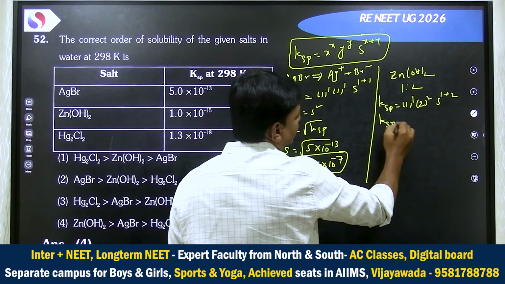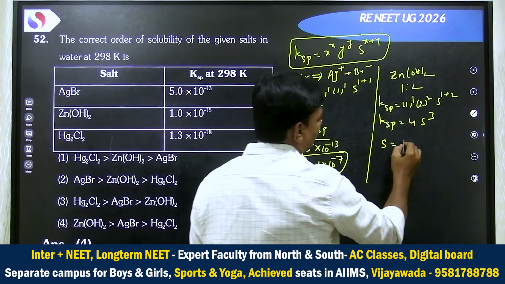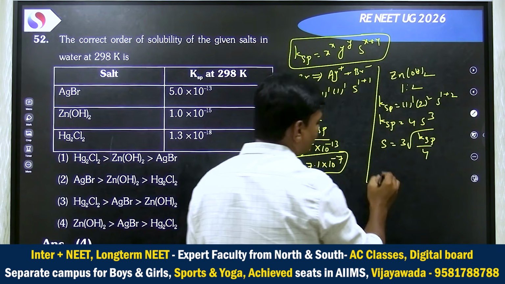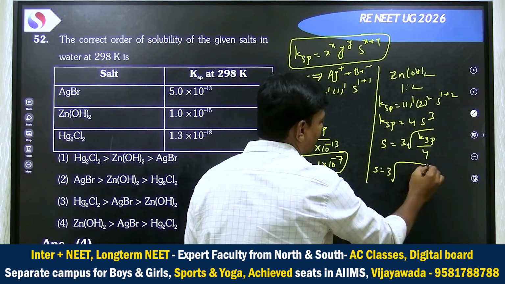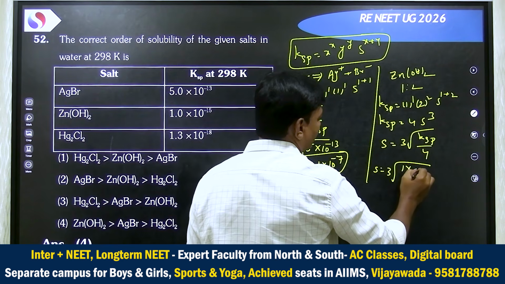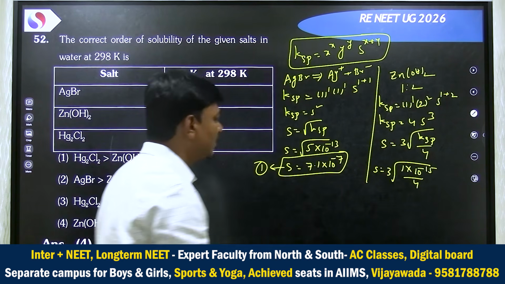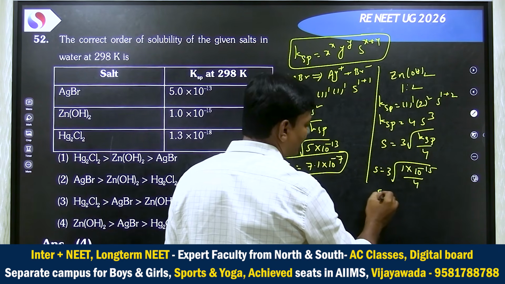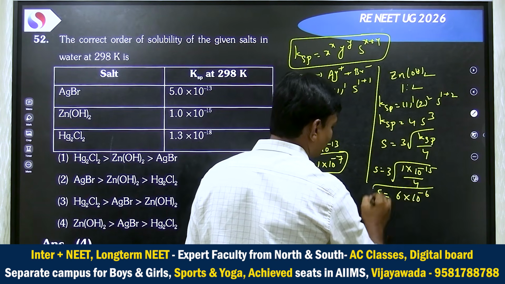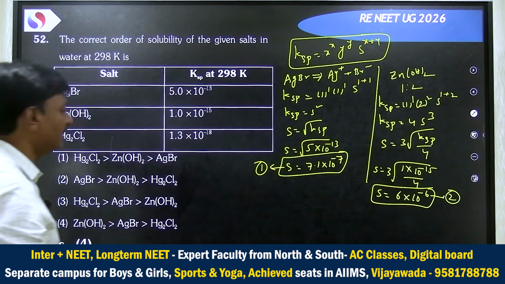Ksp is equal to 4 s cubed, then s equals the cube root of Ksp divided by 4, which is the cube root of 1 into 10 to the power of minus 15 divided by 4. Then we calculate this value, we get almost 6 into 10 to the power of minus 6. It is the solubility value for Zn(OH)2.